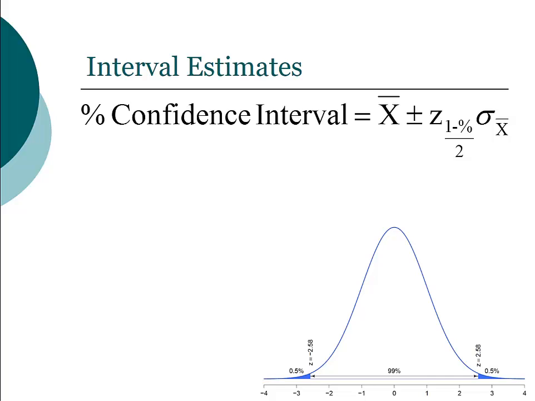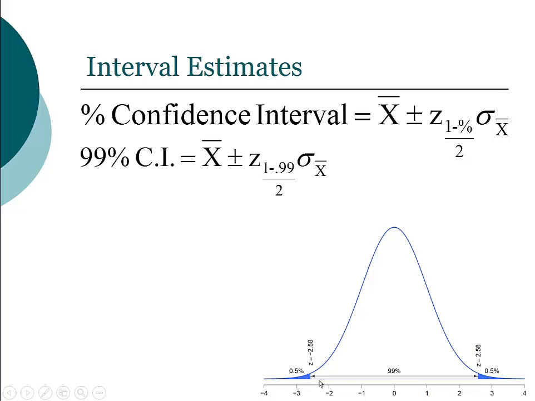So let's say we want the 99% confidence interval. And so we want, what is the z-score that corresponds to the middle 99%, or we've got 0.5% of our normal distribution here and 0.5% over here, and it happens to be around 2.58.